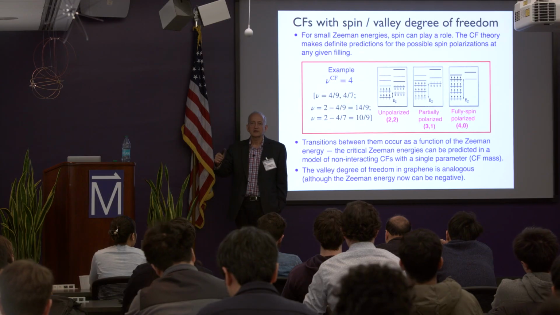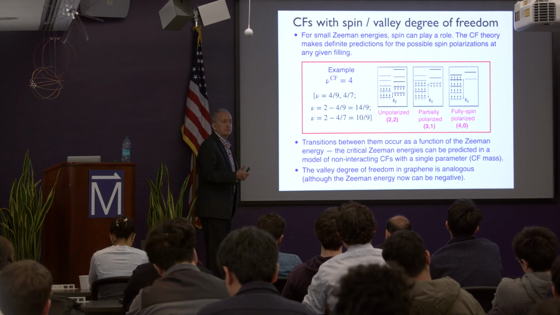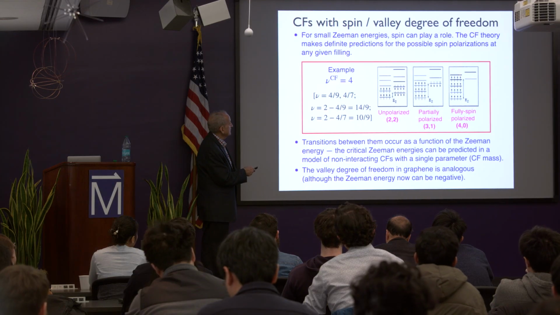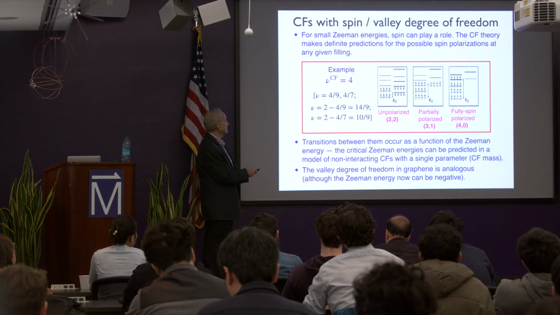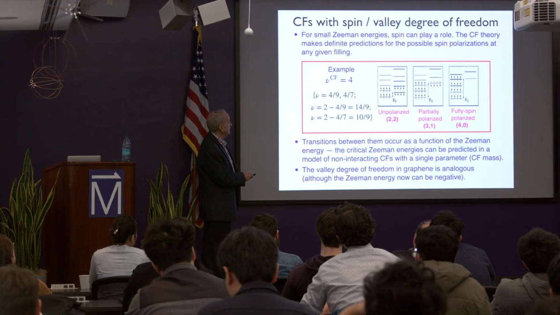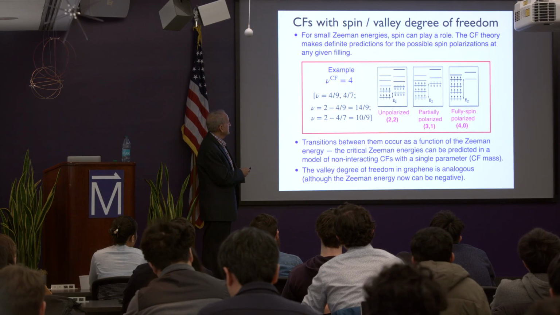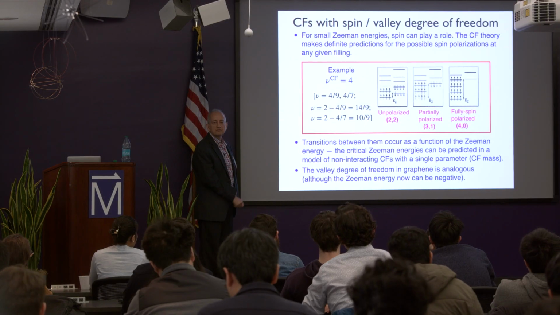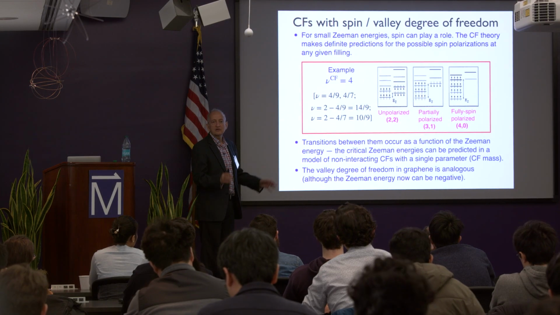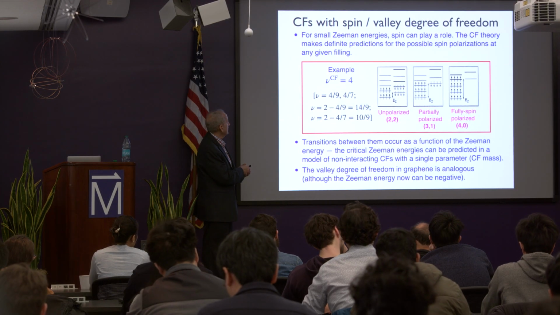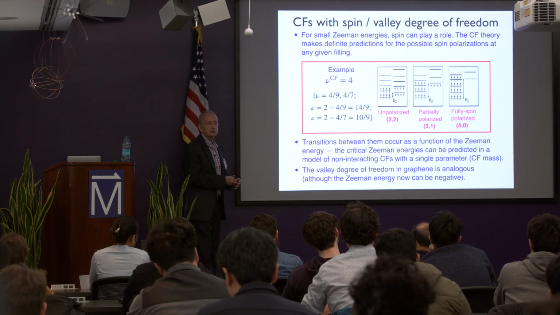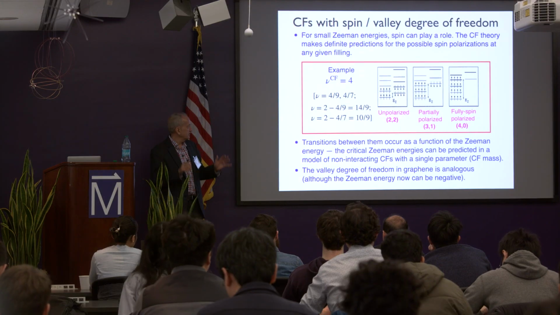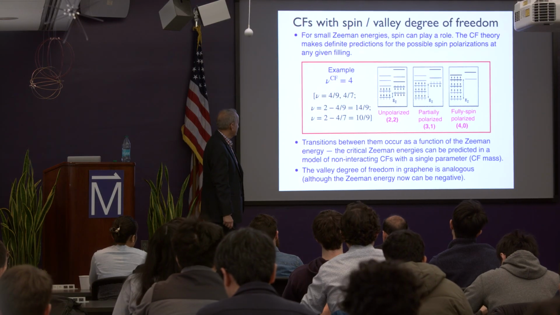I want to know what are the possible choices for ground state. Well, you can either put all electrons or composite fermions in the same spin. You can have 3 lambda levels occupied with spin up, 1 with spin down, or 2 and 2. Okay, so these are the choices. So for any filling factor, you can just do this, and it gives you what are the possible spin polarizations for the state without doing any more detailed calculations.